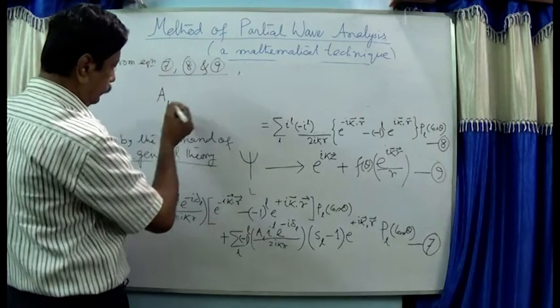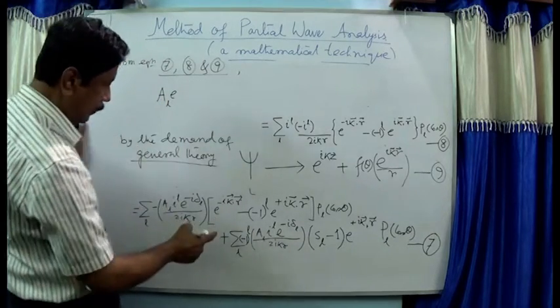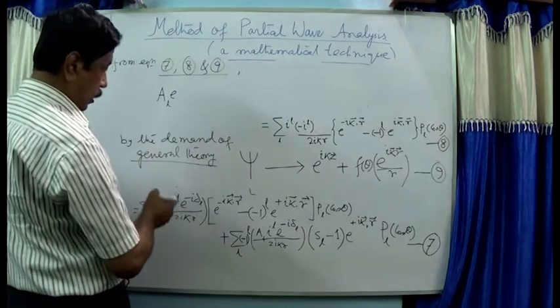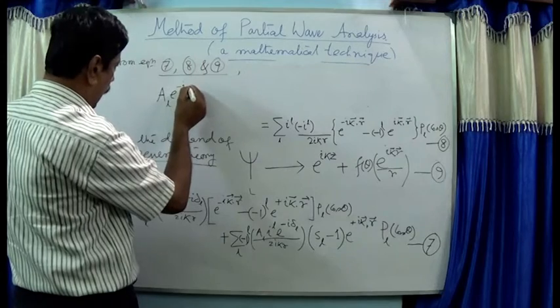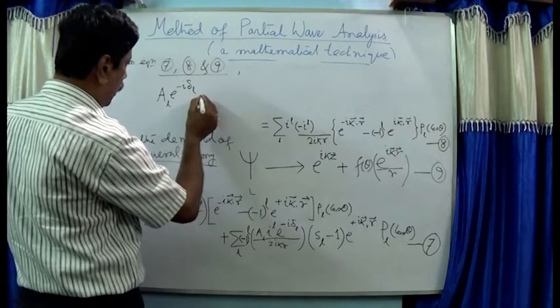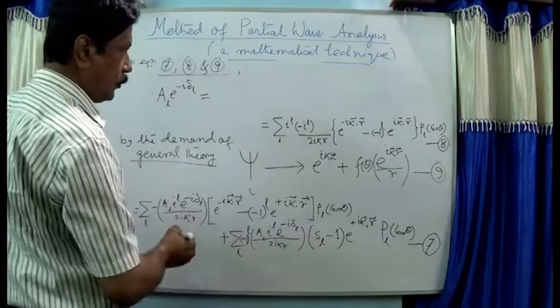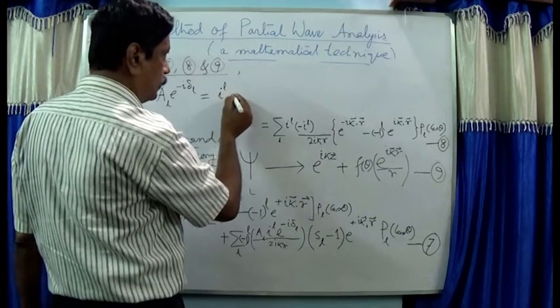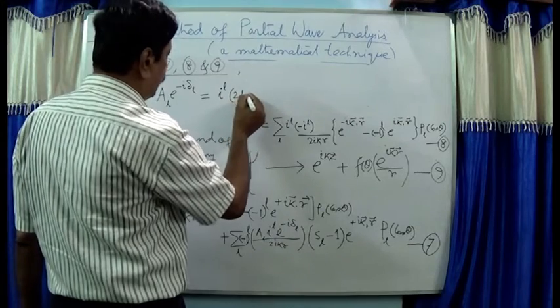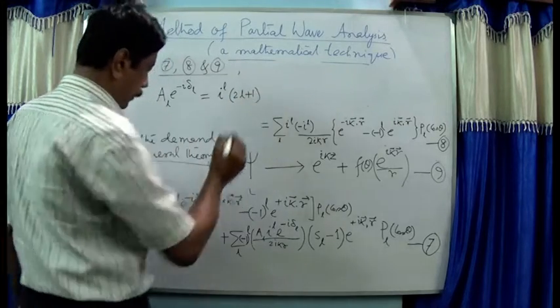A_L e to the power minus i delta_L is equal to i to the power L twice L plus 1.